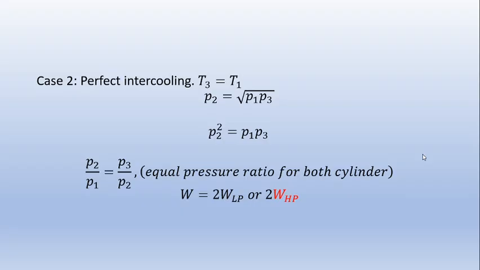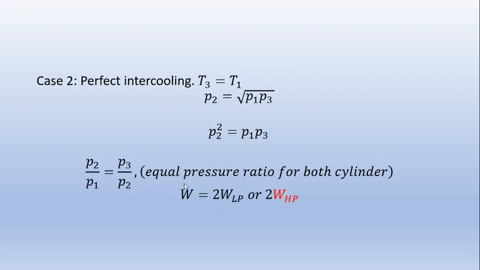So in a perfect intercooling two-stage compressor, the intermediate pressure is equal to the square root of the product of inlet pressure and delivery pressure. We can rewrite this as P2 squared is equal to P1 P3, or P2 by P1 is equal to P3 by P2.